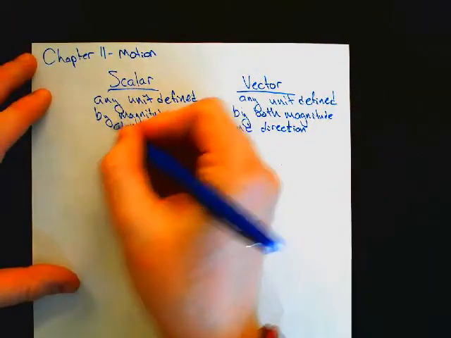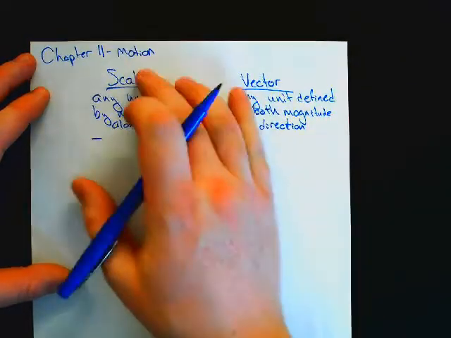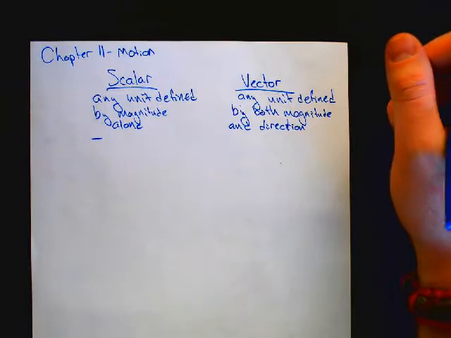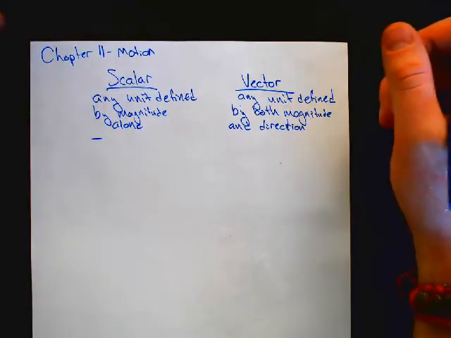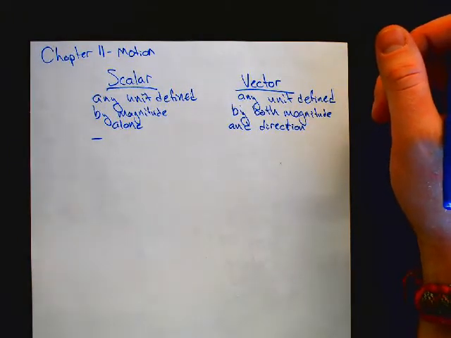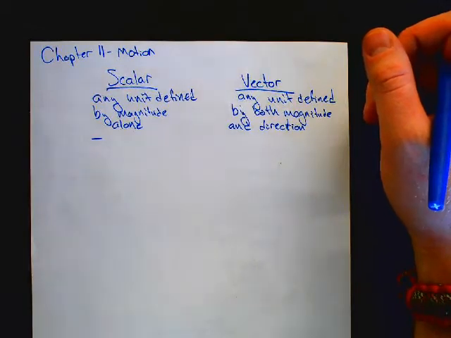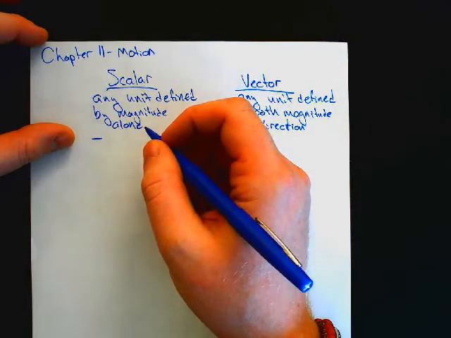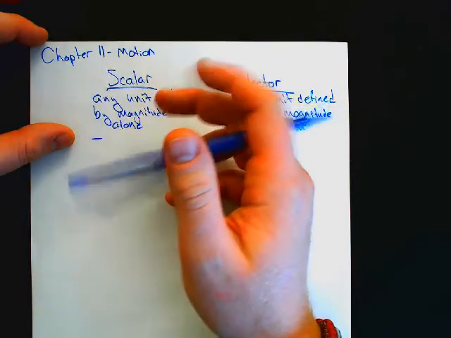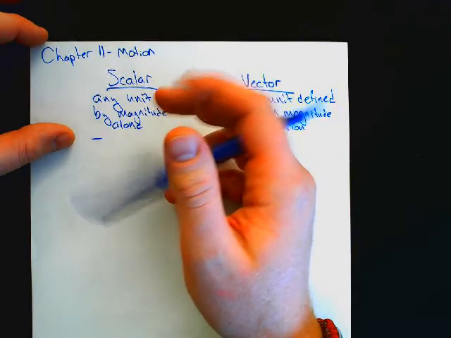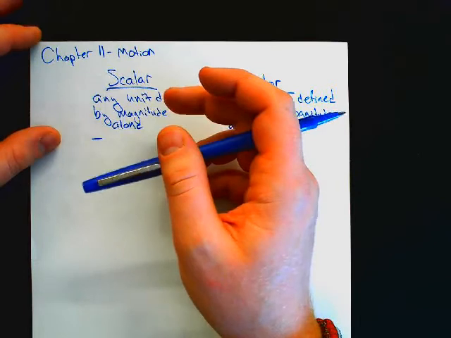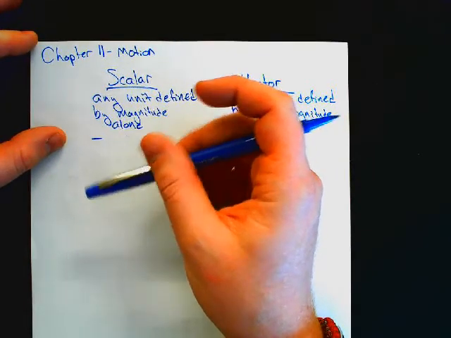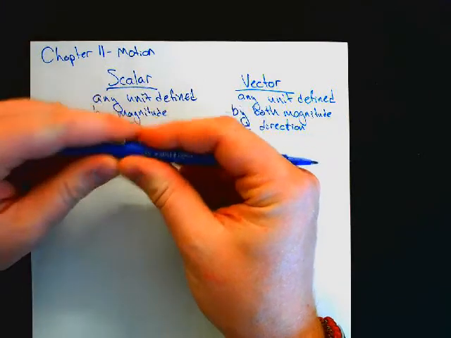So to start, examples. What are some examples of units that would probably be scalar? We've used a lot of them. They're units that don't really make a lot of sense if you use a direction after them.